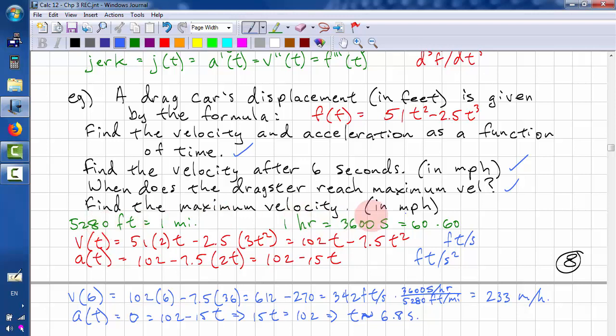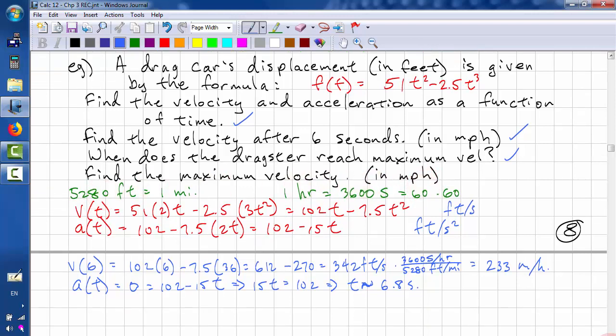And find the maximum velocity. So now we need to do v of 6.8. It's probably better to do v of 102 divided by 15. That will eliminate the rounding errors. We'll bring up a calculator.